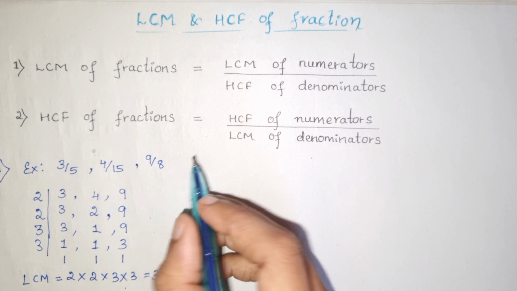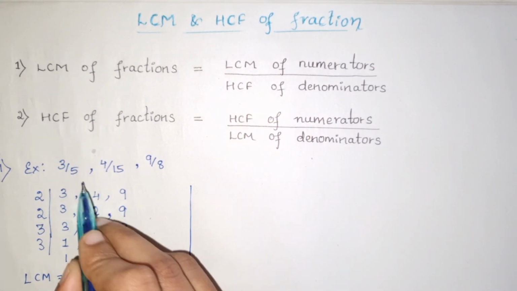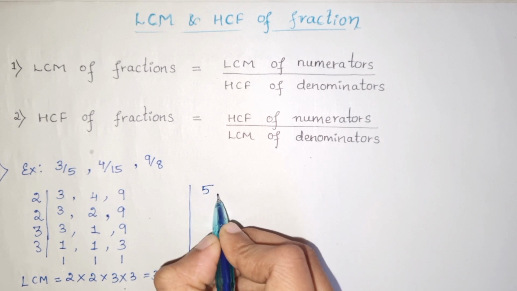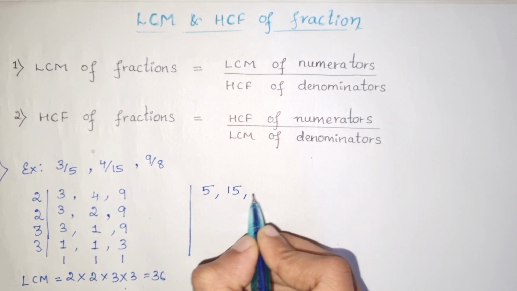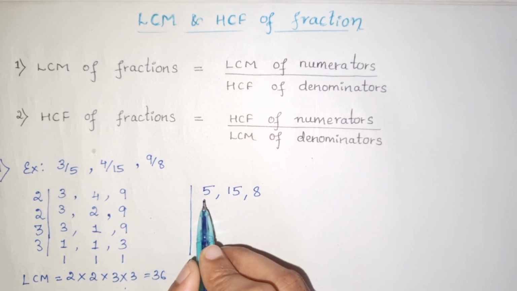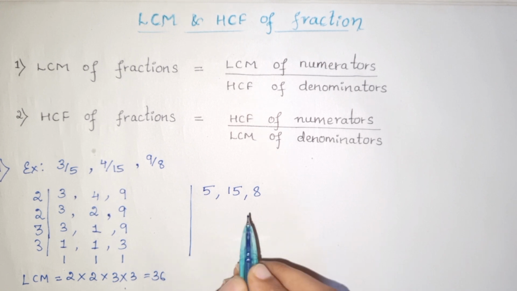Now we need to find HCF of denominators. So HCF of denominators will be, we'll write the denominator terms, that is 5, 15 and 8. So is there any number which can divide all the three equally? No, there is no such number.